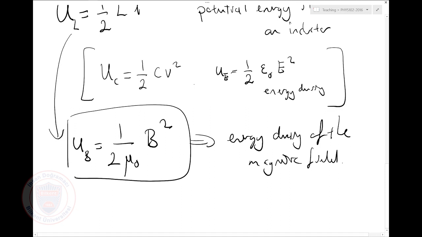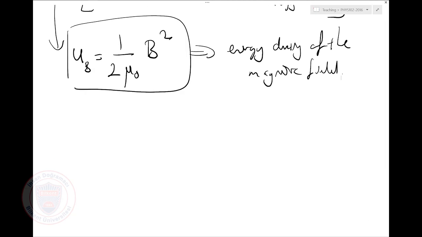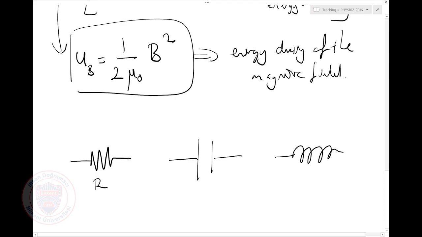So we have learned about three kinds of circuit elements. Well, we have also learned the ideal battery, so maybe 4 kinds if you want. We have the resistor, we have the capacitor, and we have the inductor.